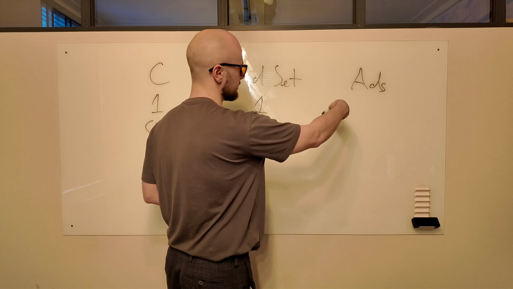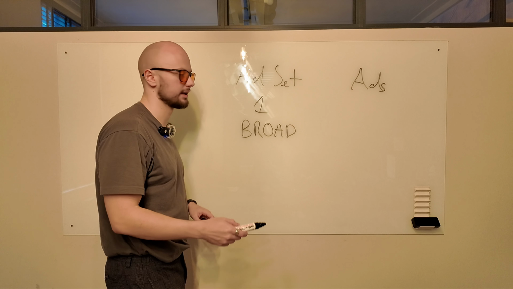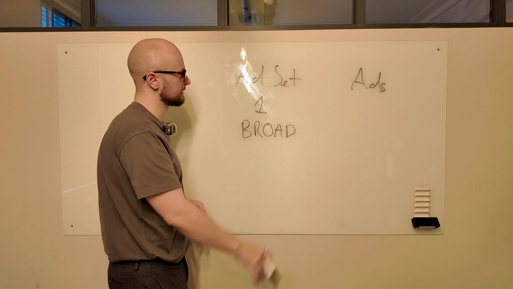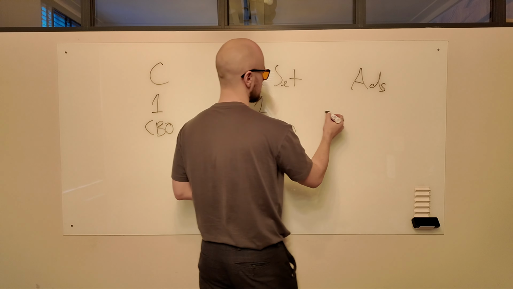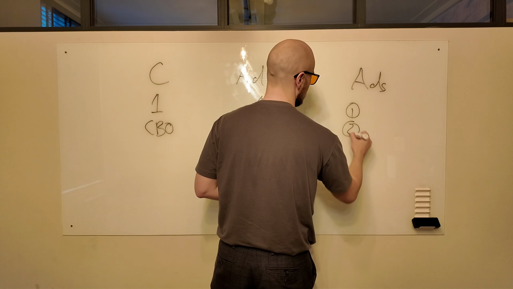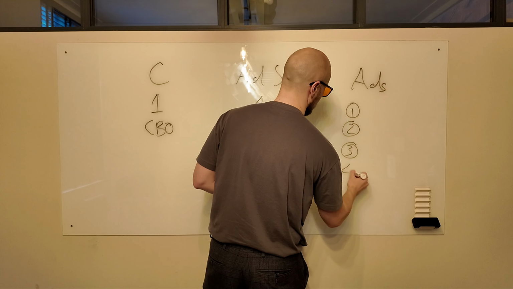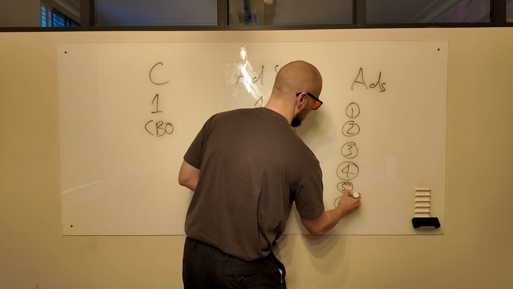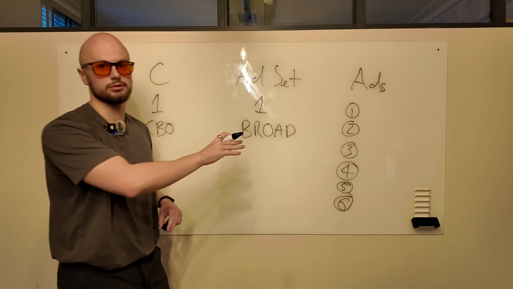And this is where things are gonna get slightly more complicated. So for an initial ads setup, I want you to have 6 different ads in here. So we're gonna have ad 1, 2, 3, 4, 5, and 6. Now, we're not just gonna chuck any creatives in here.